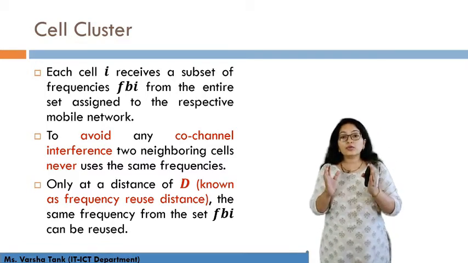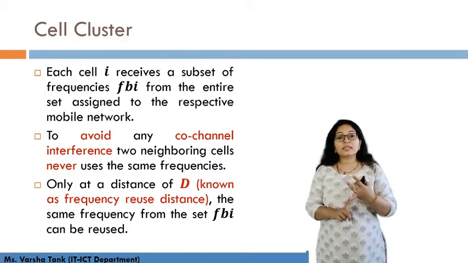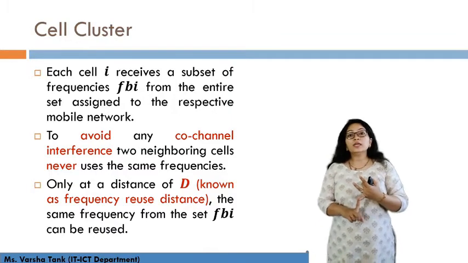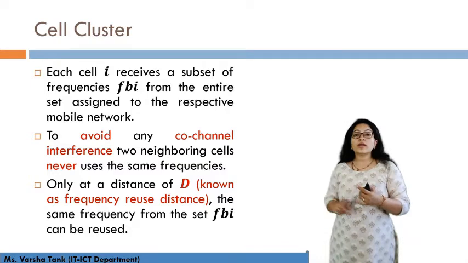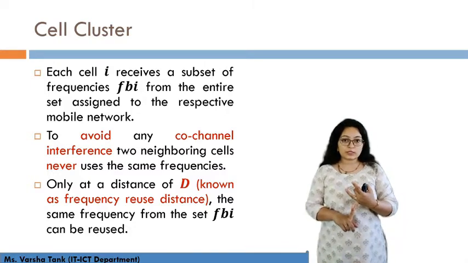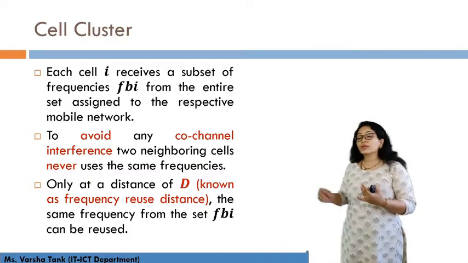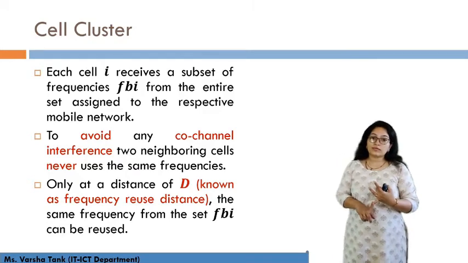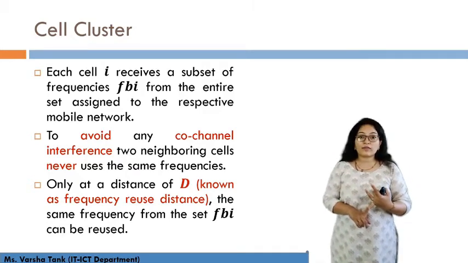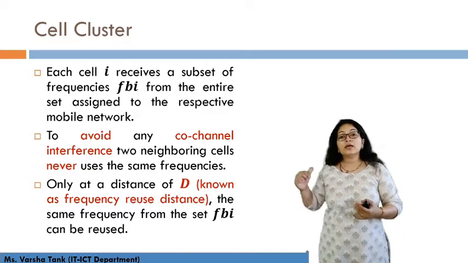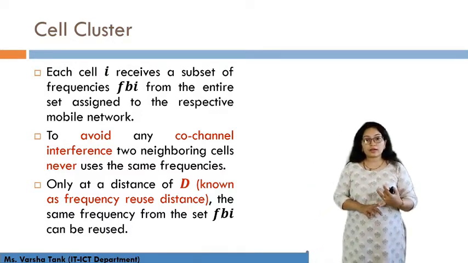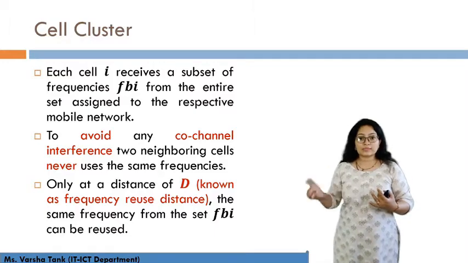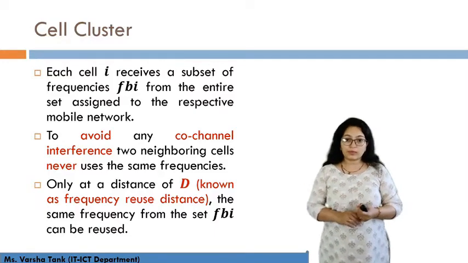You just have to use the frequency at the same distance only. That distance is known as the frequency reuse distance D. At the frequency reuse distance, the same frequency from the set Fi can be reused. Here, in our example, we have taken 4 frequencies, so we have a set of 4 frequencies: F1, F2, F3 and F4.